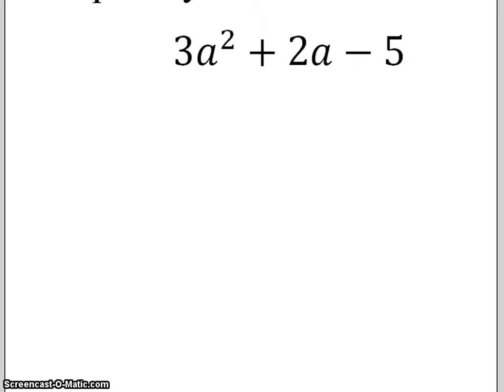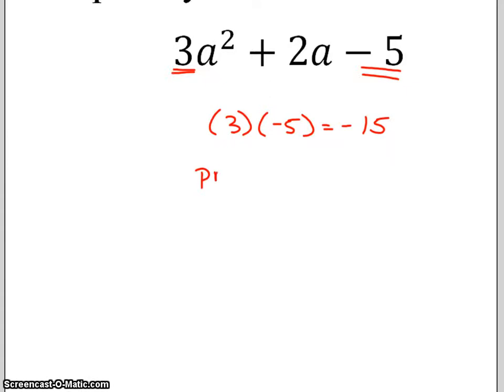So when you do factor by grouping, the first step is to multiply the first and last numbers. 3 times -5 is -15.